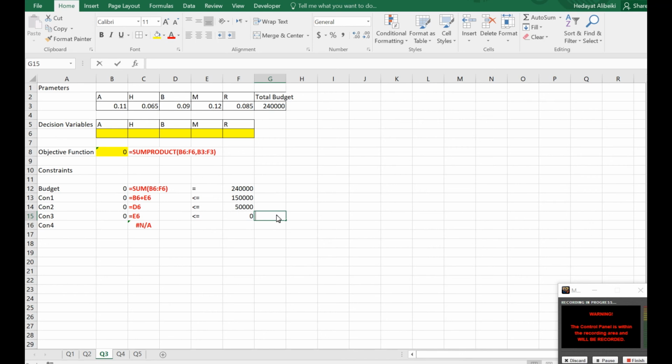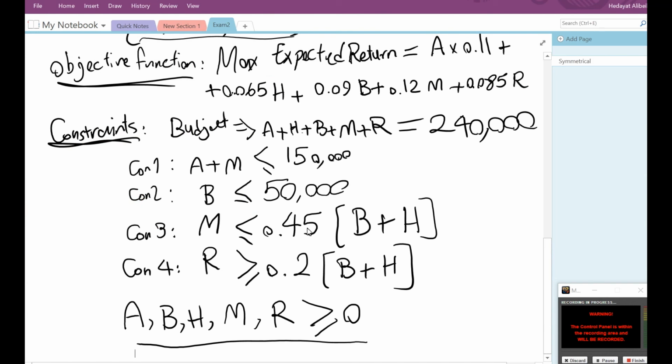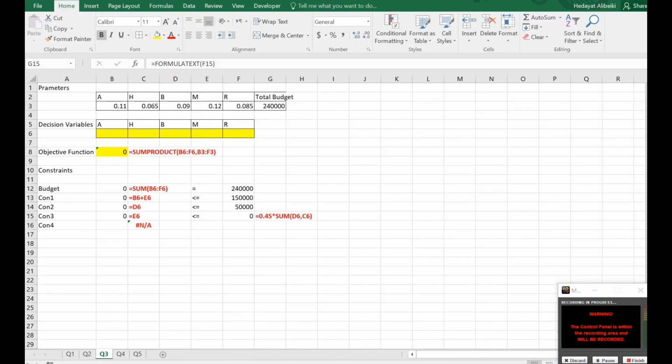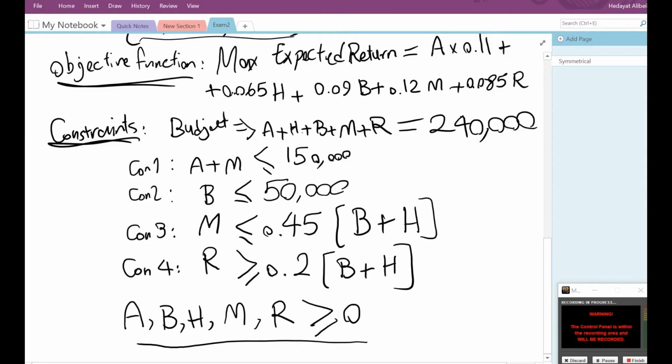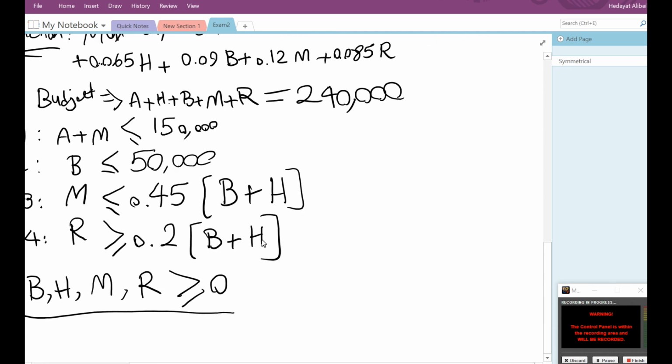So what I'm doing here is just writing as I put in my formulation, but in some cases, if you actually face problems, if the Excel solver didn't solve it, you can transform this. You can write it in another way. So this is equivalent to M minus 45% of B plus H less than or equal to 0.